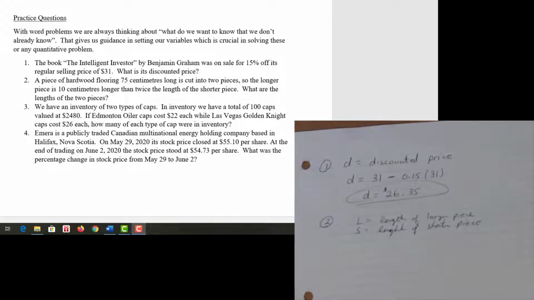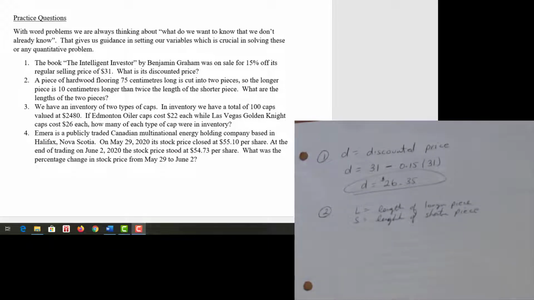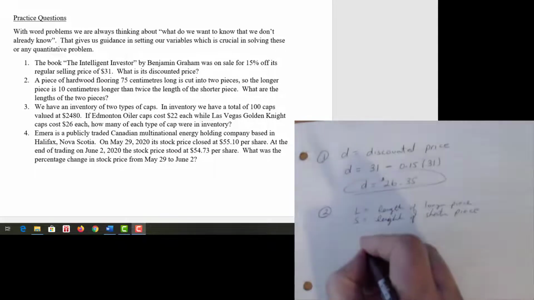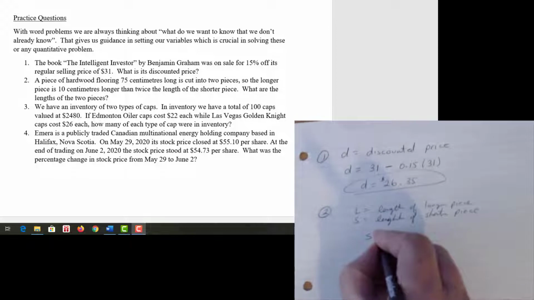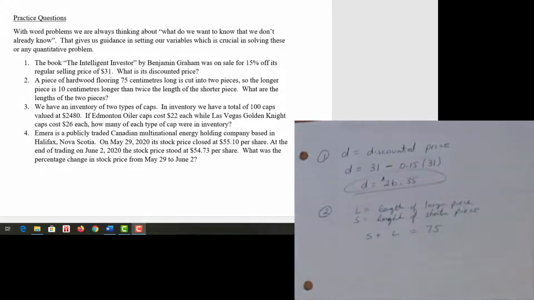Step one done. So now let's translate some of the mathematical speak that we see in this question. Right? Translate from English to math. So first step. A piece of hardwood flooring 75 meters long, cut into two pieces. We only have two pieces, longer piece and the shorter piece. Okay? So that means that that shorter piece plus that longer piece add up to the original 75 of wood.